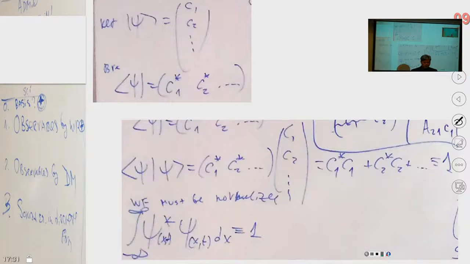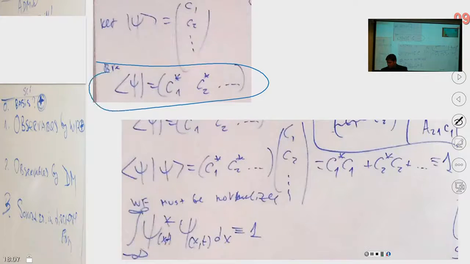From previous meetings, we know that sometimes one needs the wave function in two forms, with and without the star, when we are pursuing the protocol to find observables, right? If we are jumping from the continuous wave function to this discrete wave function, we need an analog of the wave function star, which will be a row vector.